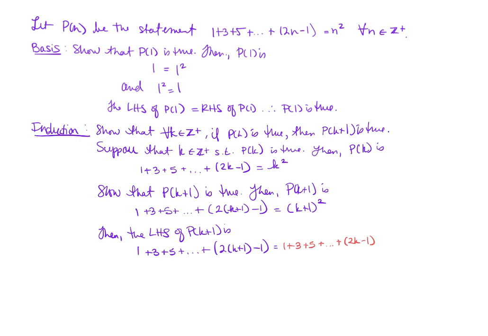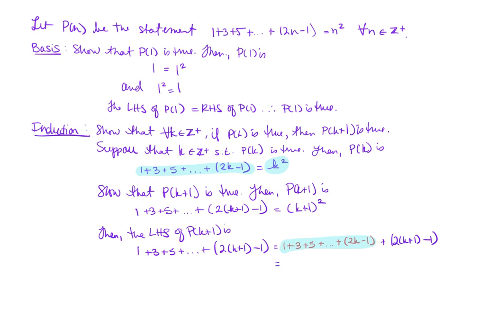And then we added on one more term, which is our 2 times k plus 1 minus 1. So once again, just as before, we know that this sum can also be written as k squared. So this one's not even going to have a fraction. The first one had a fraction, this one does not. So this one should be even a little bit quicker here.